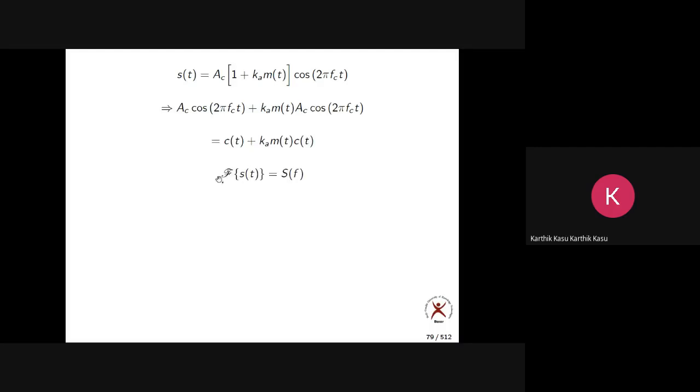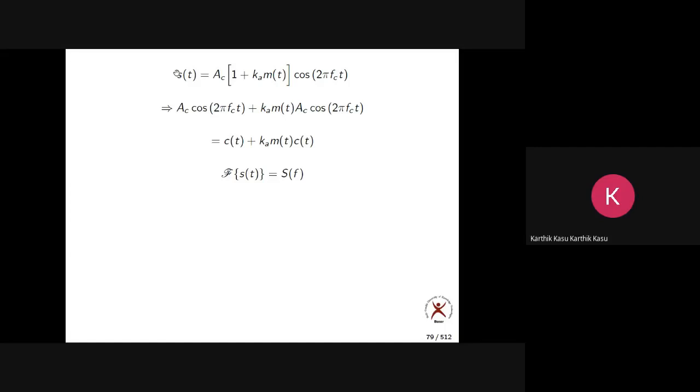Now, the Fourier transform of s(t) is S(f). What is s(t)? It is called the modulated signal. What is m(t)? The message signal. What is Ac cos 2πfct? The carrier. So c(t) is Ac cos 2πfct, that is called the carrier.